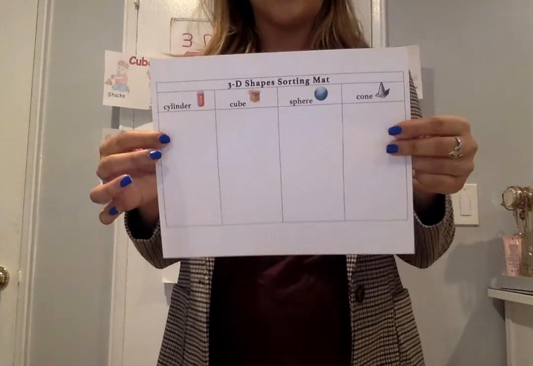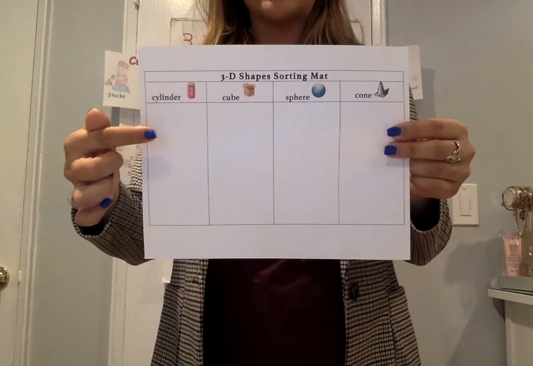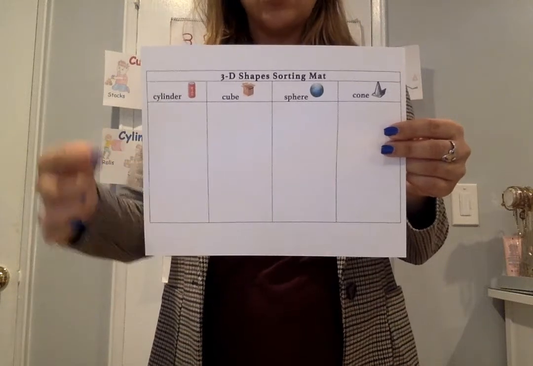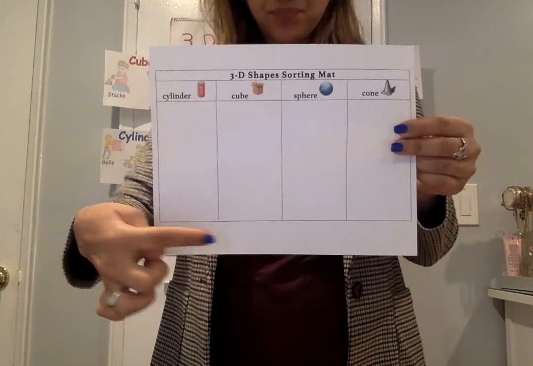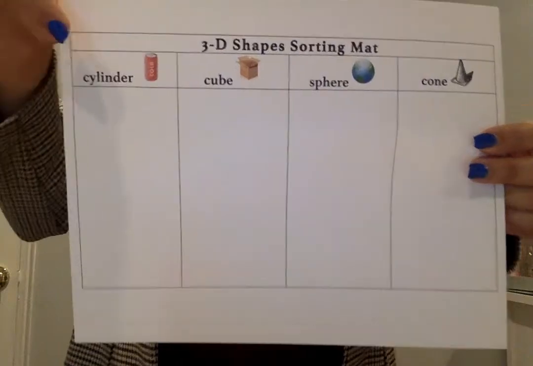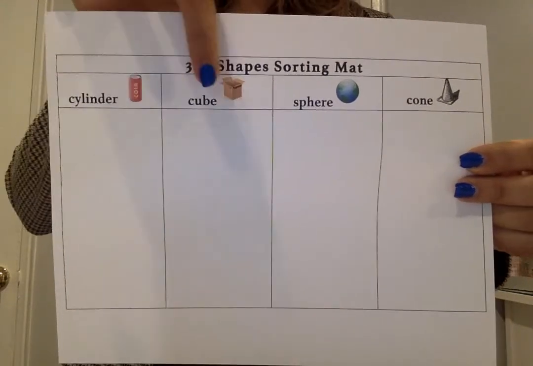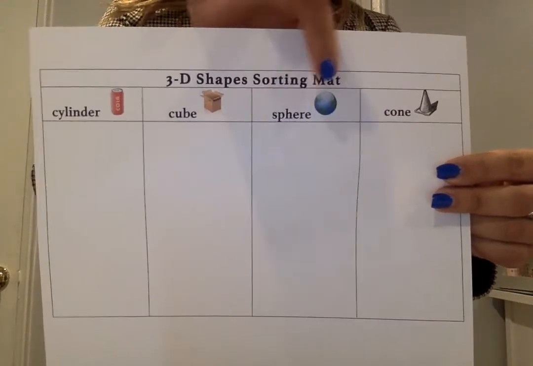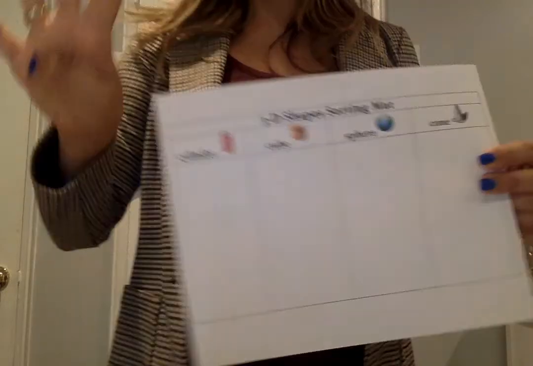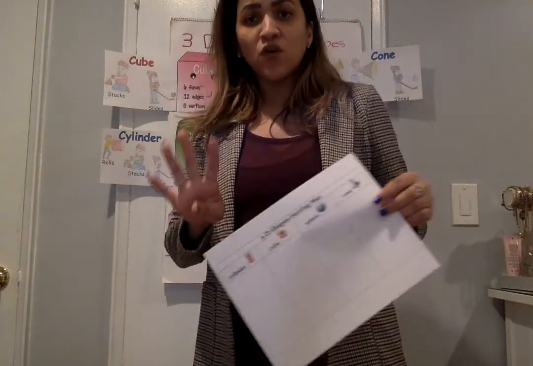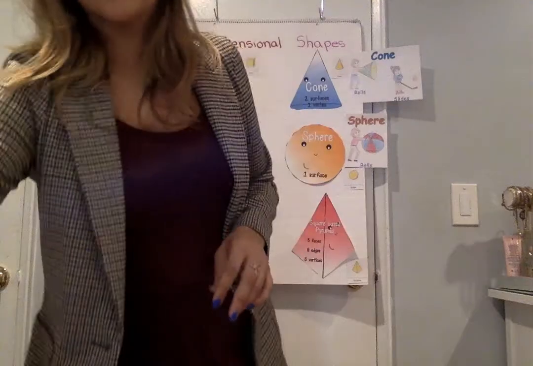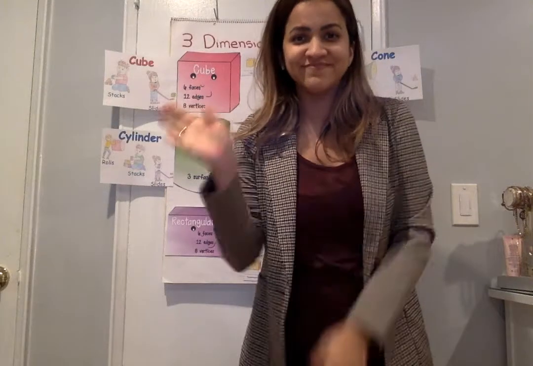I want you to write at least 3 different objects that you think is a cylinder, a cube, a sphere, or a cone. Okay, we're only going to look for these 3-dimensional shapes. All right? Best of luck.